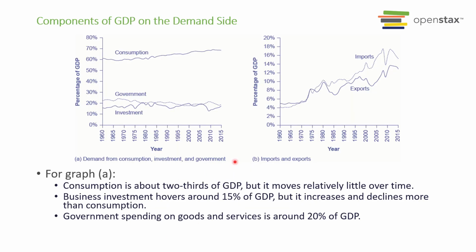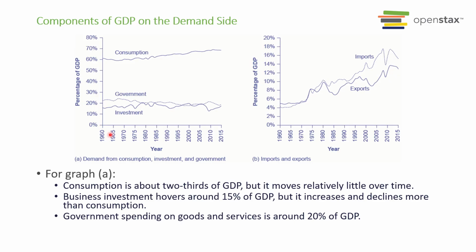All right, so let's take a look at some data, and you can see here that this is in percentage of GDP terms. So of all the demand that is placed on the economy, we want to look at what proportion, how do those proportions look like over time? Or if we go back to that pie chart, how does that pie chart change over time?